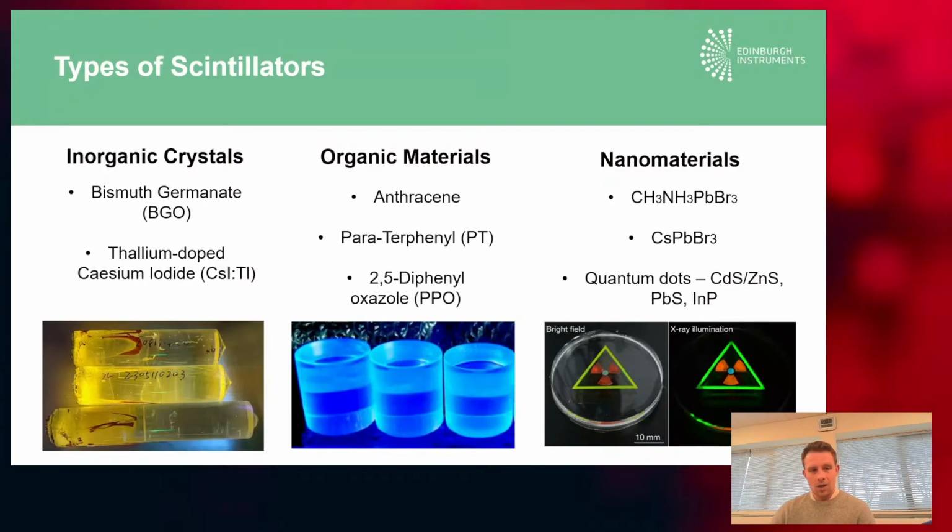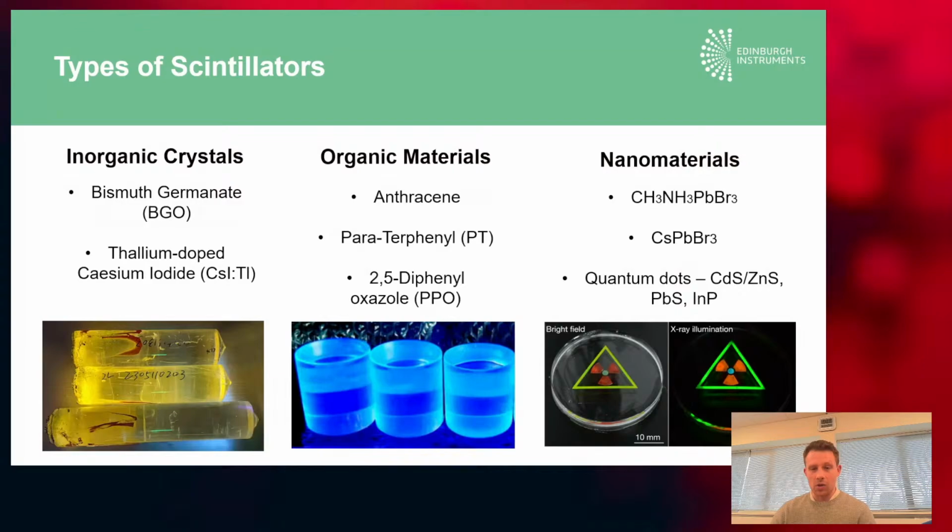So there are many different types of scintillators, in liquids, solids, and gases. We'll talk about three main classes of them here. The first one is inorganic crystals. So this is things like bismuth germanate, thallium-doped cesium iodide or sodium iodide. There are also organic materials such as crystalline anthracene, and such as paraterphenyl and diphenyloxazole, which can act as scintillators in solution or in plastics for easier handling.